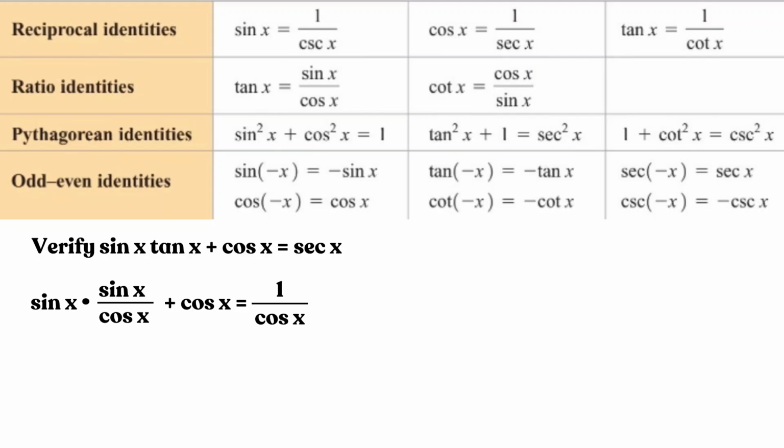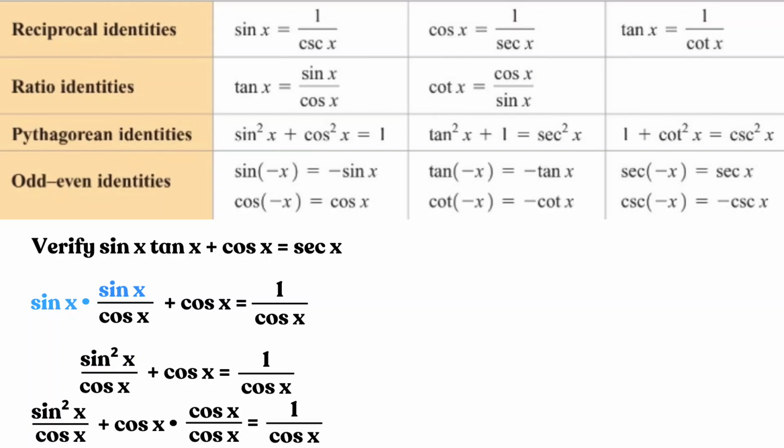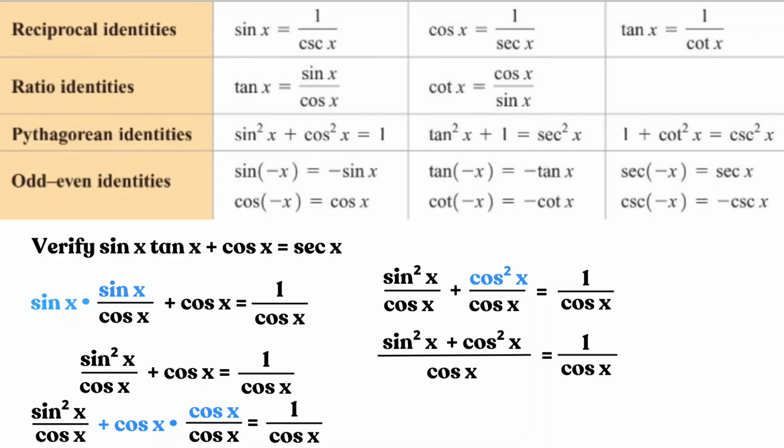Now, the sine x terms multiply to get sine squared x. Next, we multiply cosine x by cosine x over cosine x. So it becomes cosine squared x over cosine x. That may seem arbitrary, but we do this so that we can combine the fractions, giving us sine squared x plus cosine squared x over cosine x.